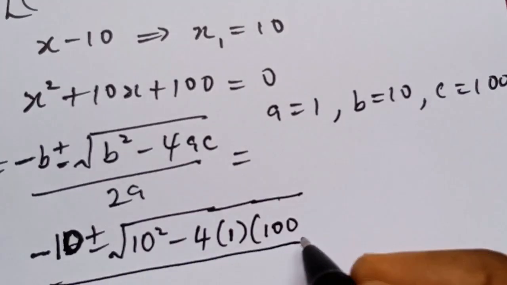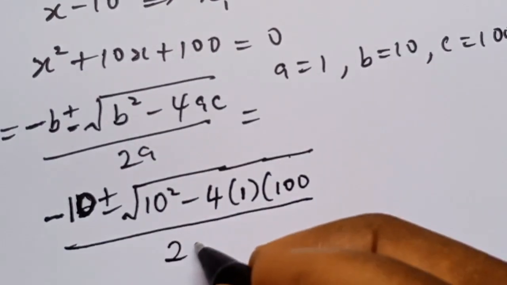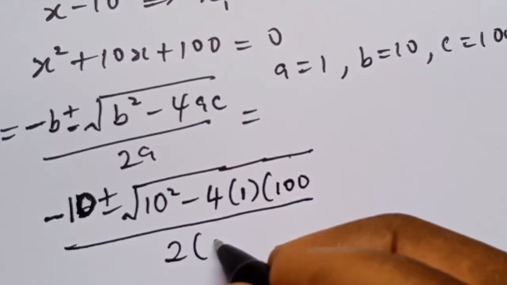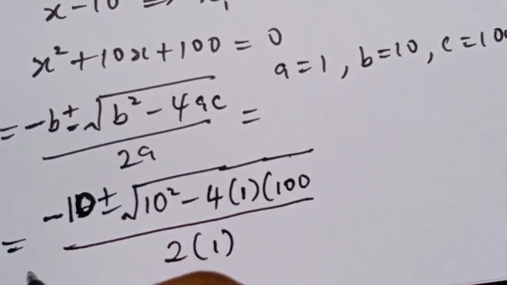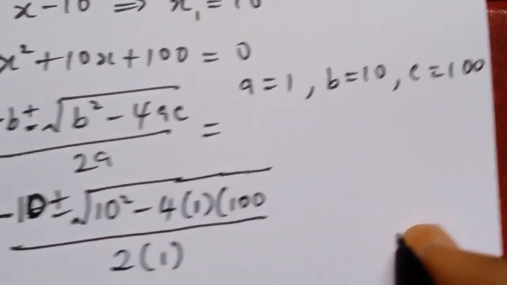Everything over 2 multiplied by a, which is 1, all equal to x.